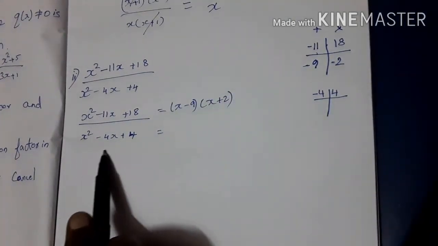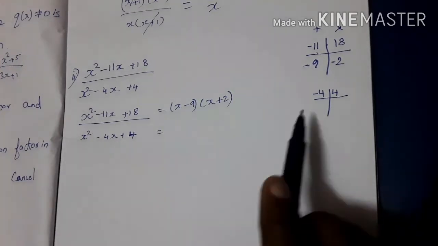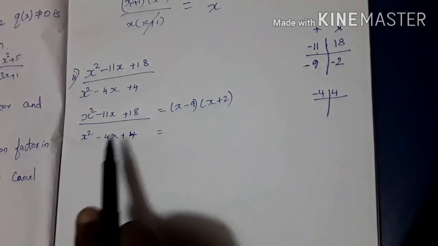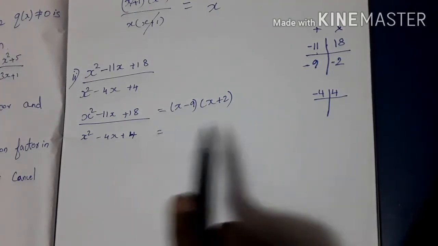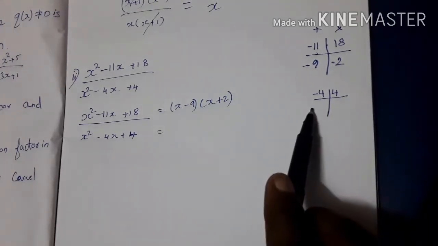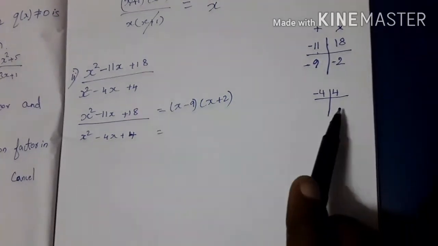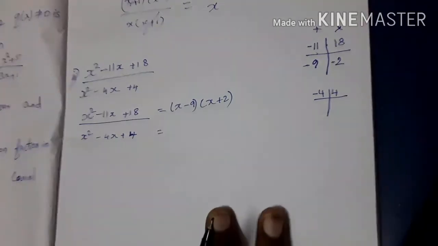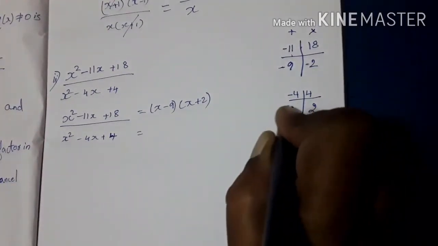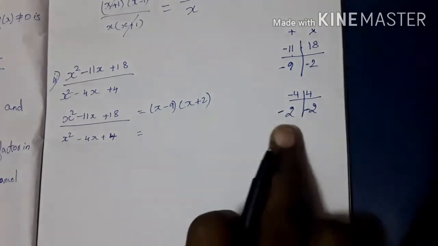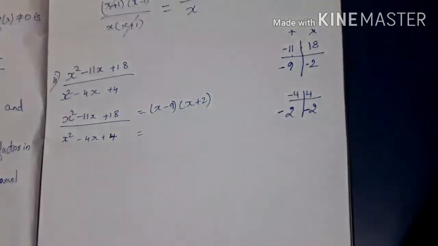Next, x square minus 4x plus 4. Here also we can't take any common factor, so we use the factorization method. Multiply to get 4, add to get minus 4. 2 twos are 4, and minus 2 plus minus 2 is minus 4.